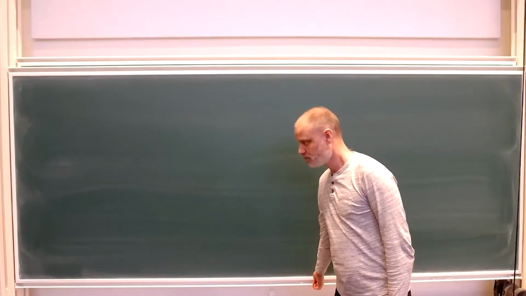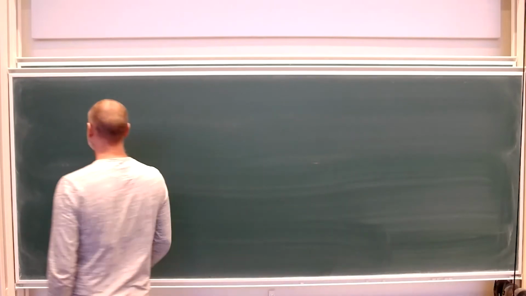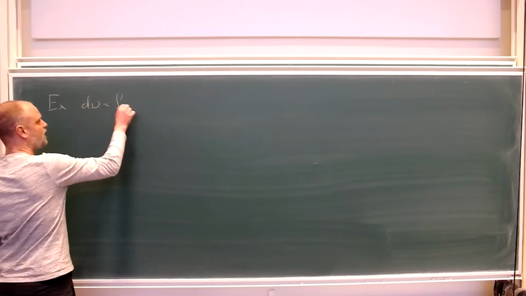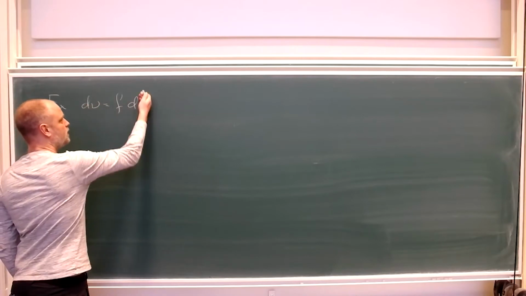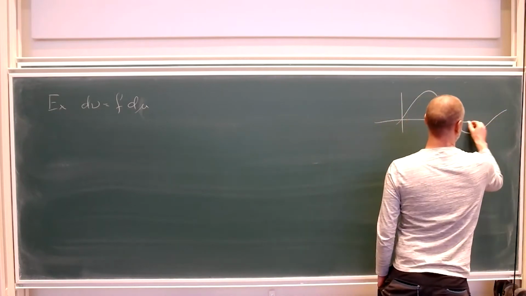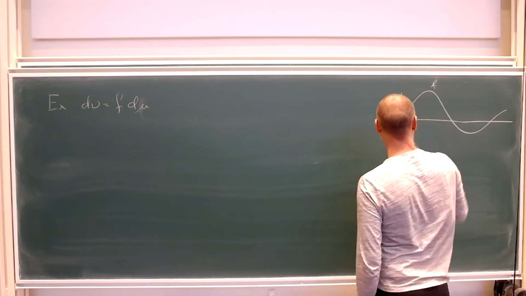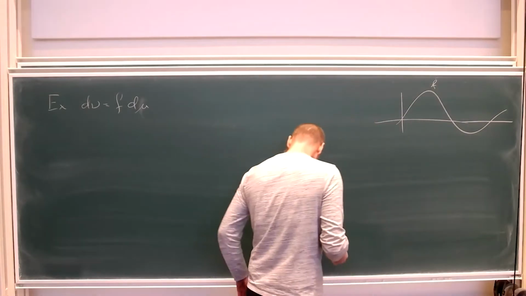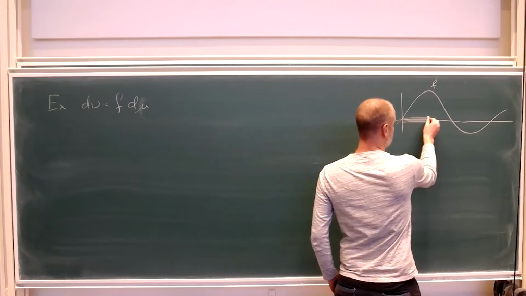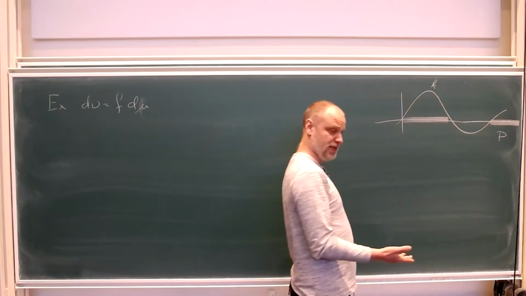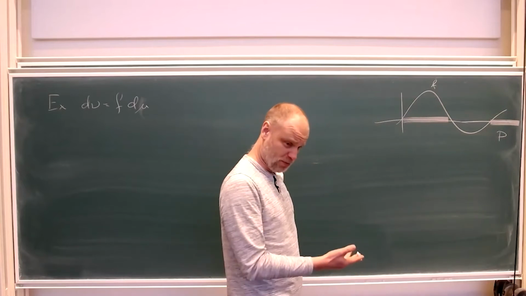So to illustrate, we'll keep on with this example. The nu is equal to f times the mu, right? Here's my function f. If you think about it like this, there's a set here and here, which you can call P, where the measure is somehow positive, yeah?